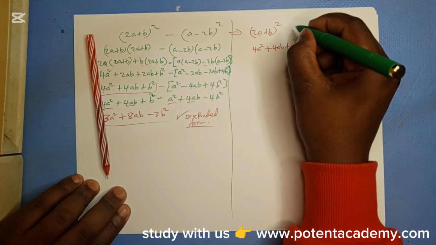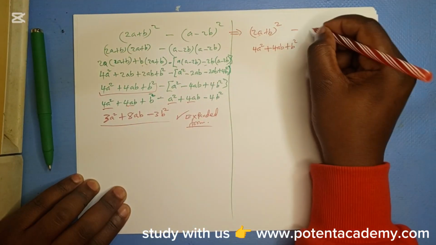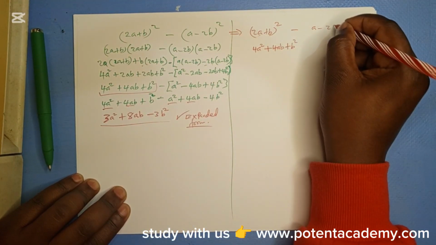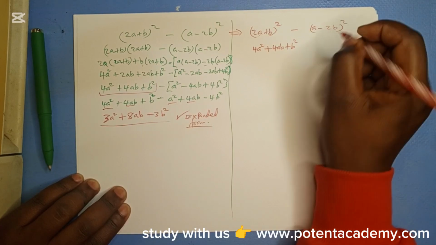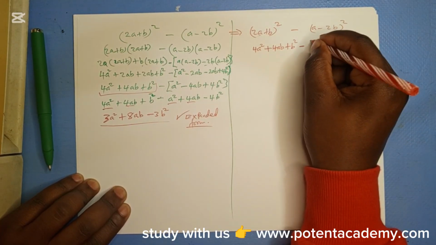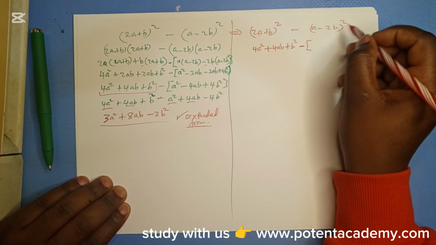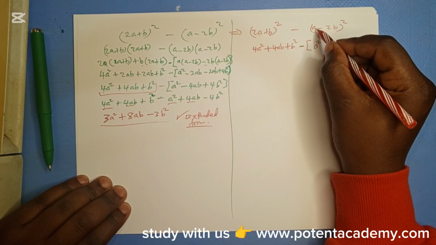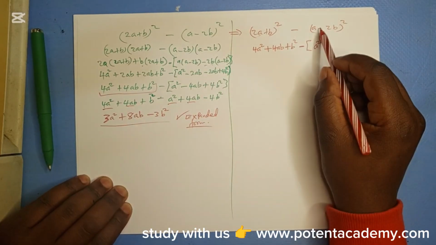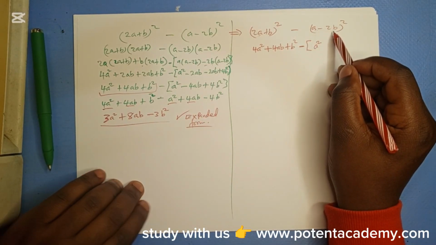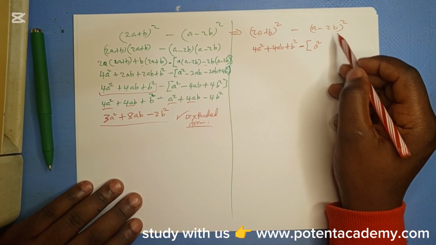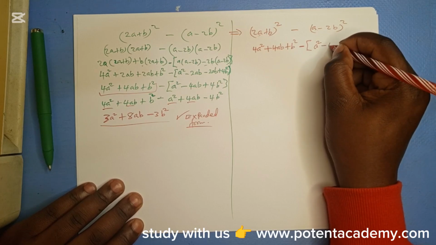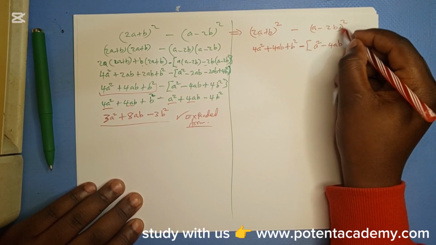Then here you have minus (a minus 2b) squared. If I followed this method, I would have done this: you square the first part, which is a squared. Then you multiply the two terms and then by 2, a times 2b will be 2ab, then times 2 is minus 4ab. Then you square the last one.